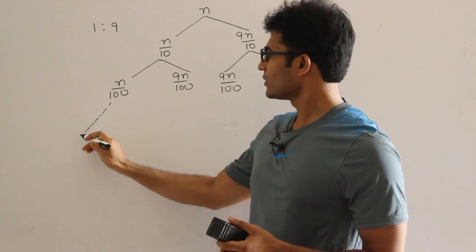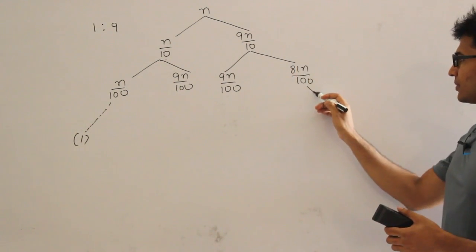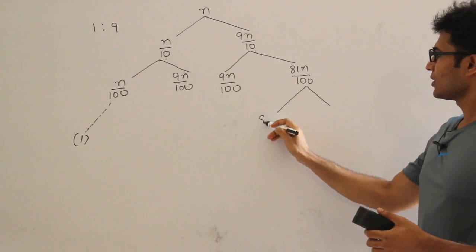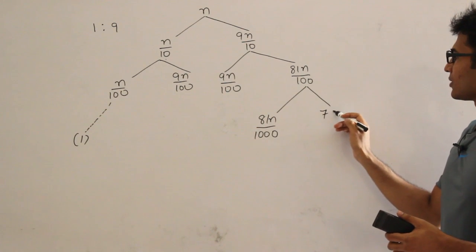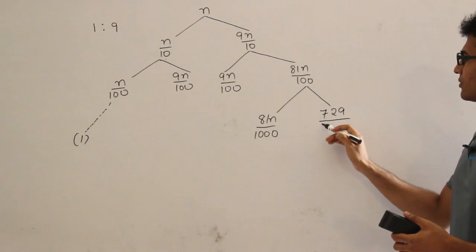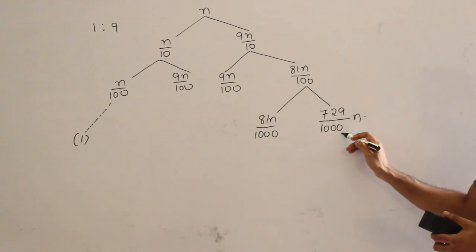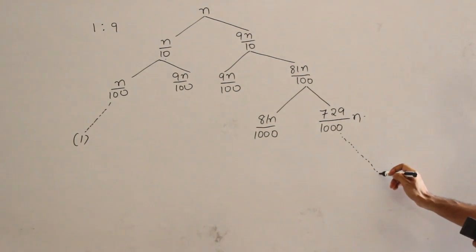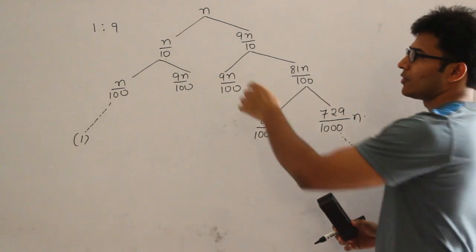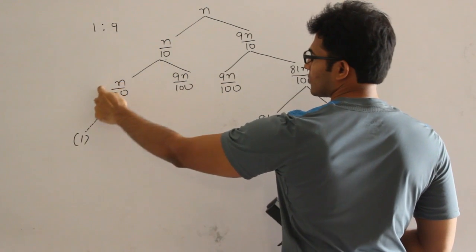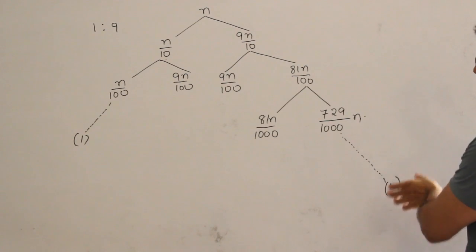So on, this will reach one element, and next time it will be 81n by 1000, 729n by 1000, right, and so on, it will reach one element. But then if you see, the depth of this left side child is going to be less compared to the depth of the right side child.